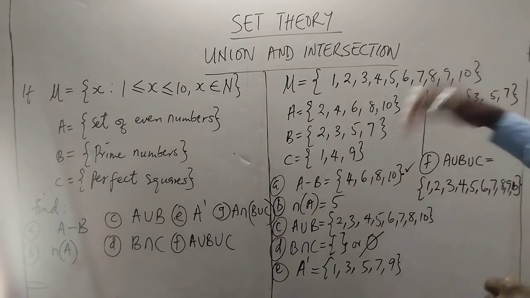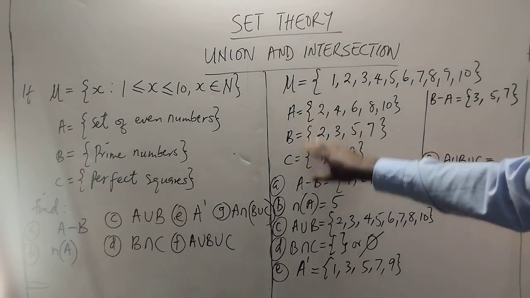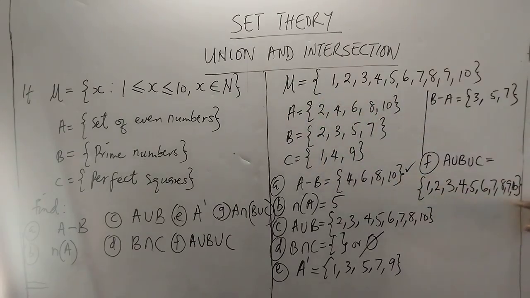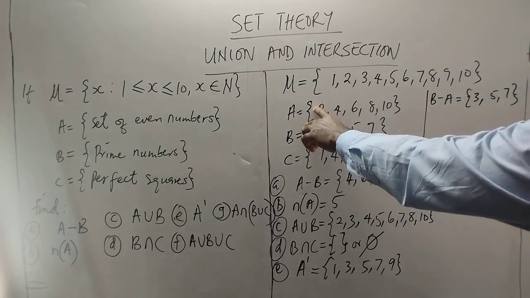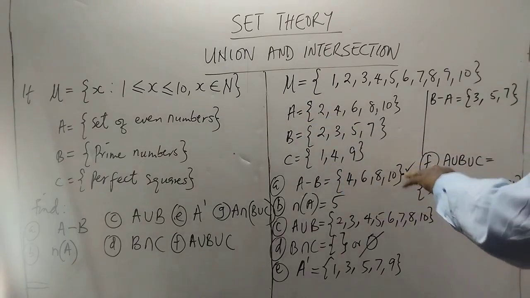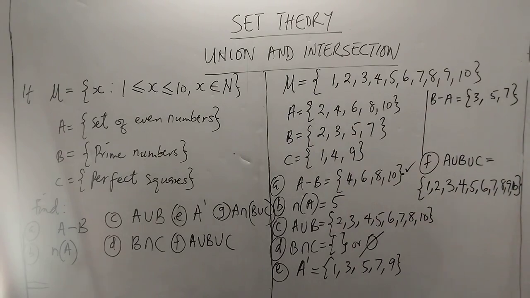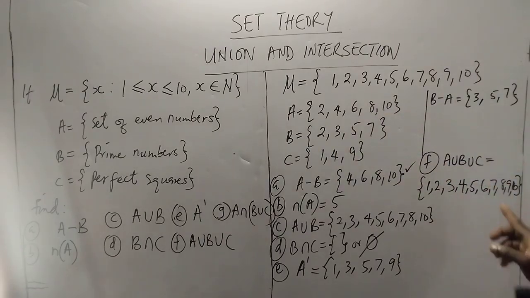In fact, the entire universal set. That is A union B union C. If you look at the three of them very well, you discover that 2 appeared in A and B, but we wrote only 2, meaning no repetitions. 4 appeared in A and C, yet we wrote only 4, just once. Once you have written 4, don't write it a second time.